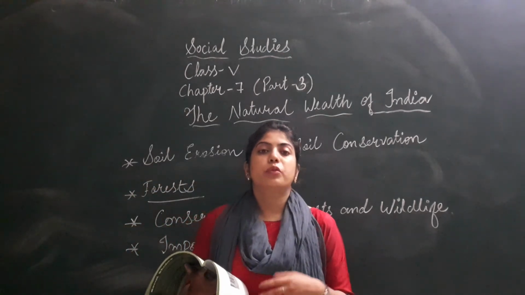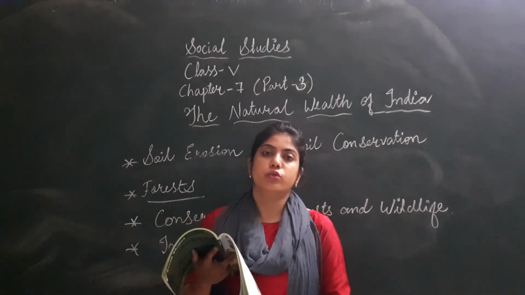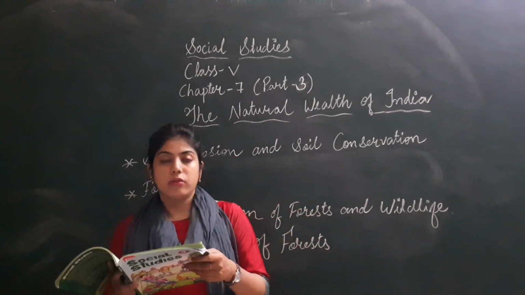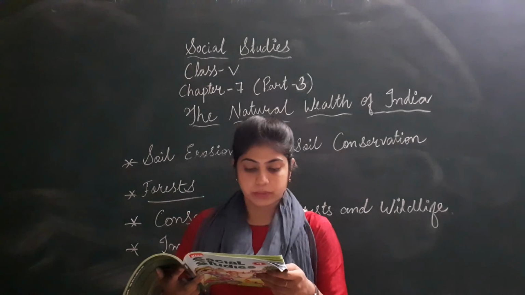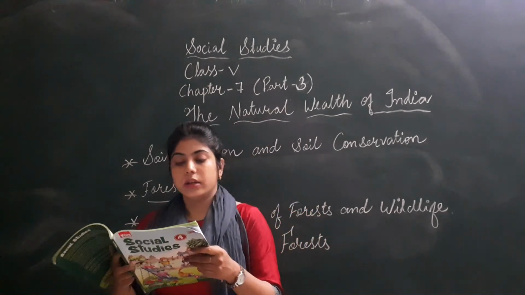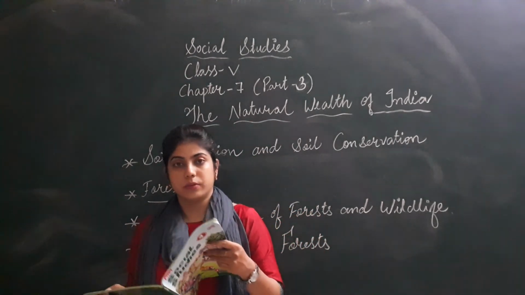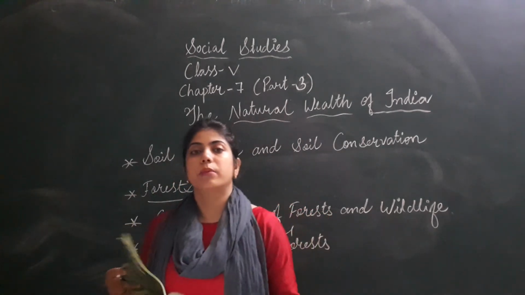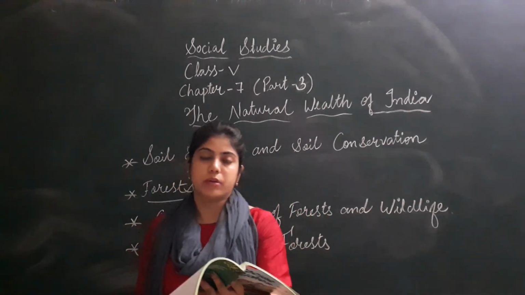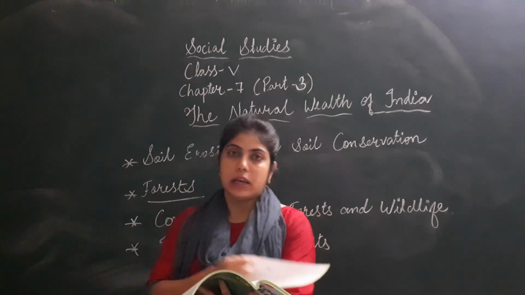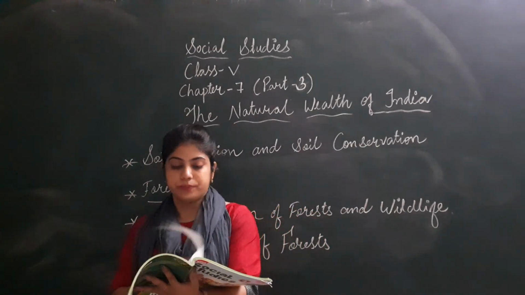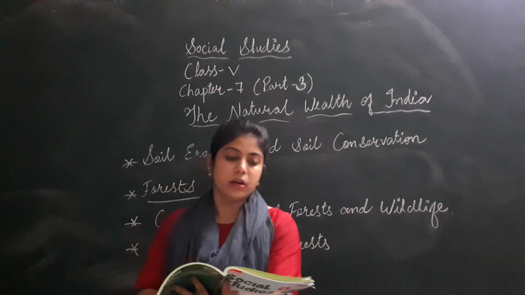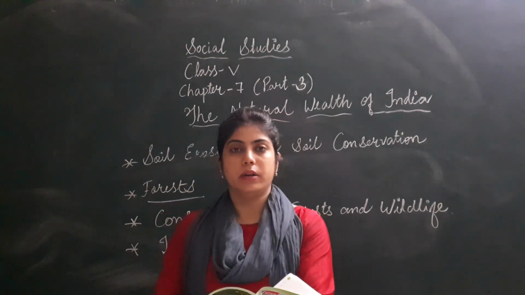So these are the main importance of forest. By this we come to know that forests have a very important role in our life. So we must protect and preserve our forest and wildlife. In the next class we will learn about resources, that is chapter number 8.